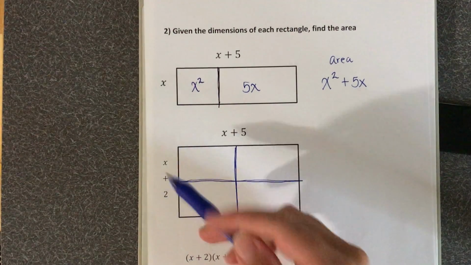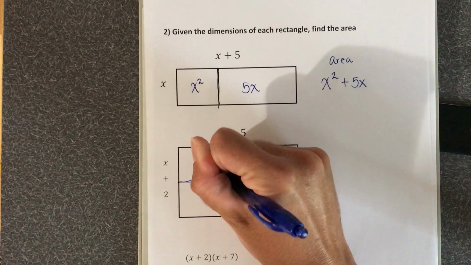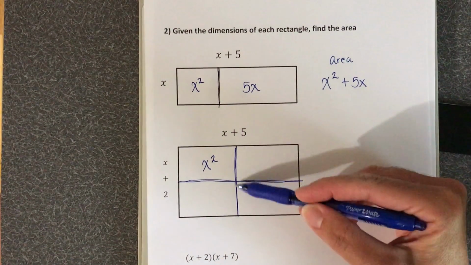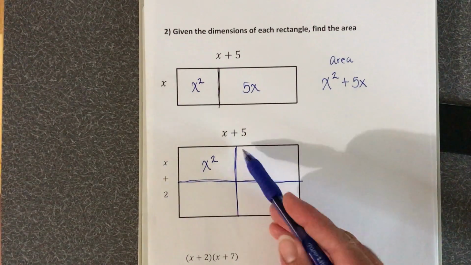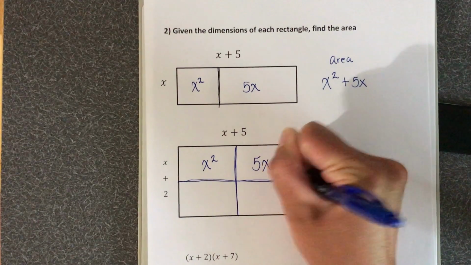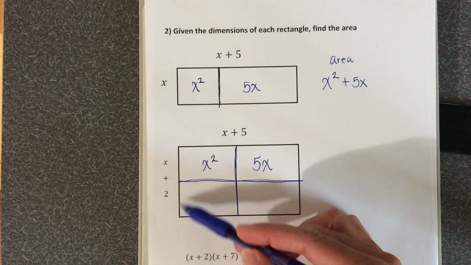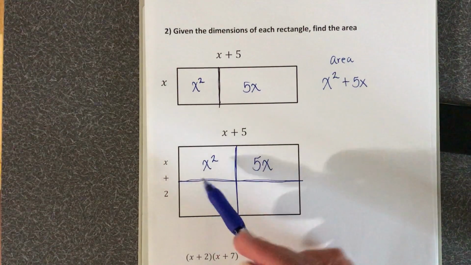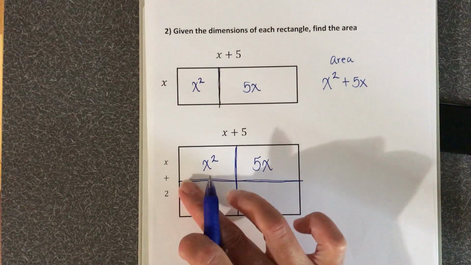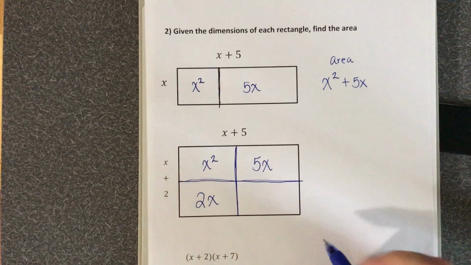Notice that this is x by x. So what is x by x? x squared. This one has a height of x and a length of 5, so 5x. Now this one has a height of 2 and a length of x, so I have an area of 2x.